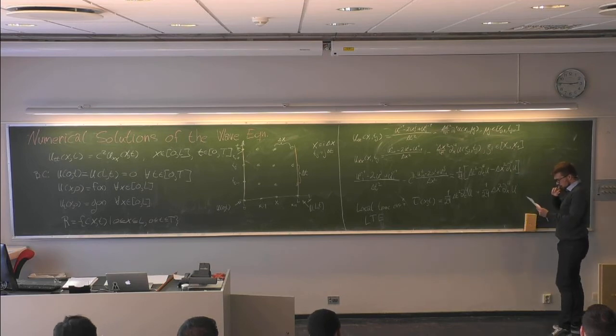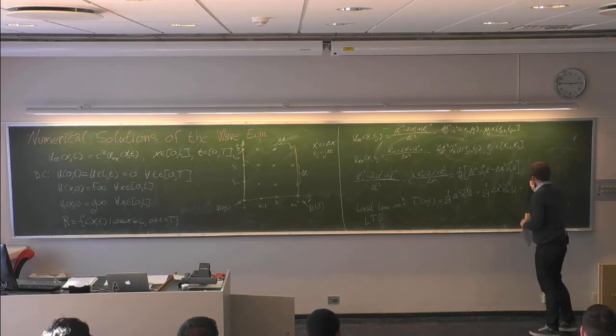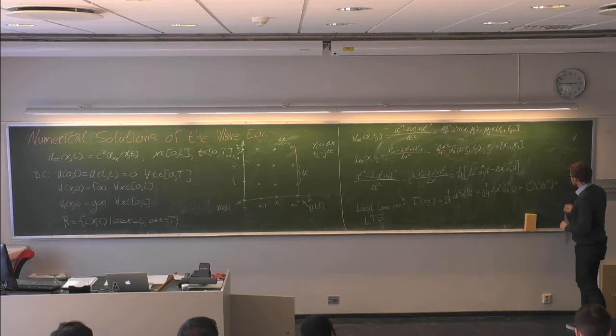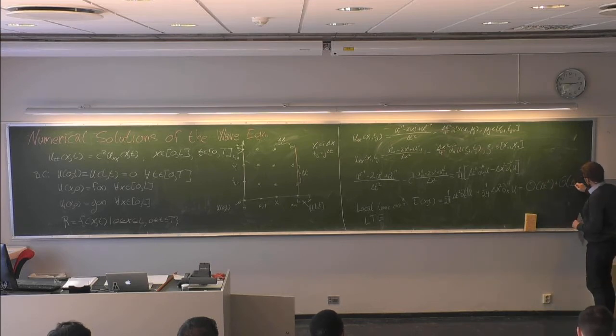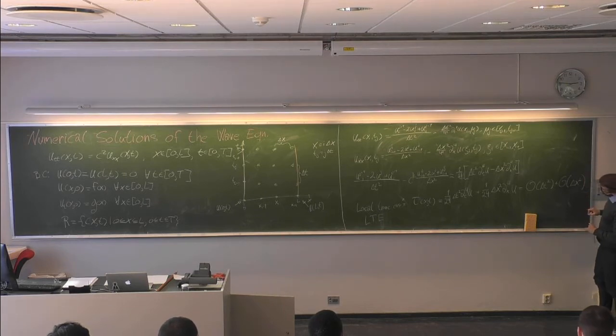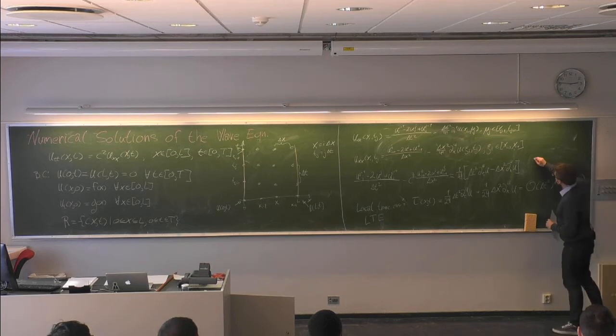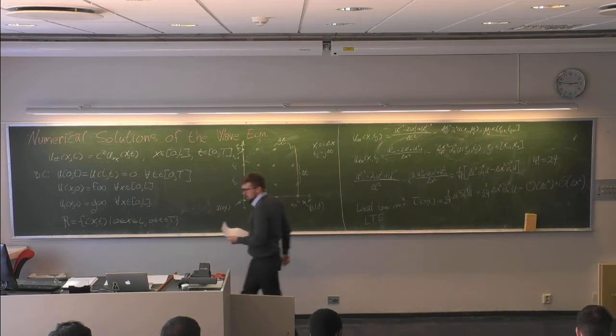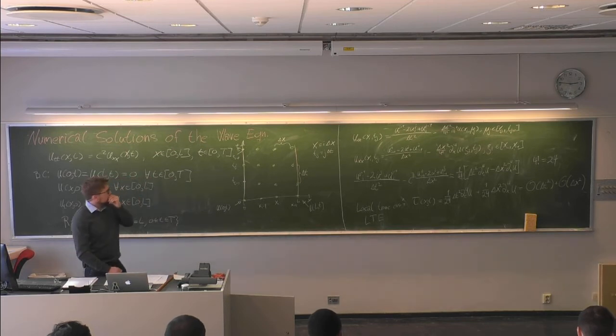So basically it's O of delta t squared plus delta x squared, so it's second order in both space and time. That's at least the point here. I was trying to figure out if there is a reason why I said 12 instead of 24. I don't think so. Anyway, 4 factorial equals 24.